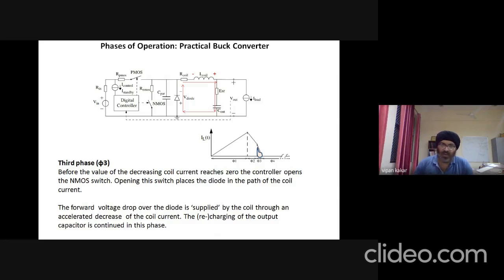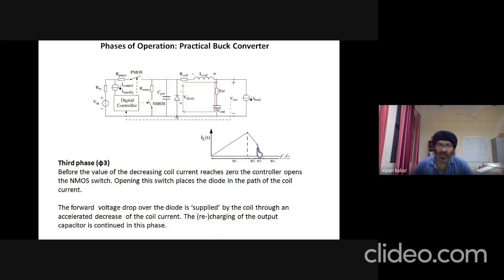And now the path followed by this inductor current, which keeps on decreasing due to the de-energizing of the inductor, will be through the freewheeling diode over here. Following this path through the freewheeling diode, the coil current decreases even further, because the inductor starts to lose whatever energy remained in it after phase 2.